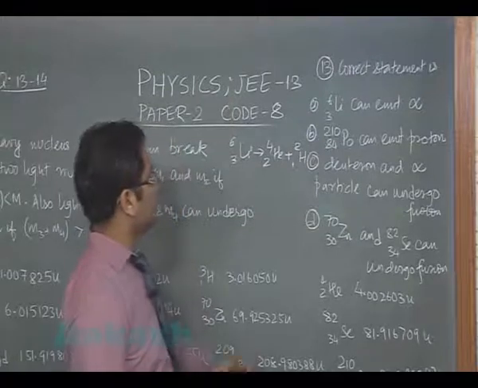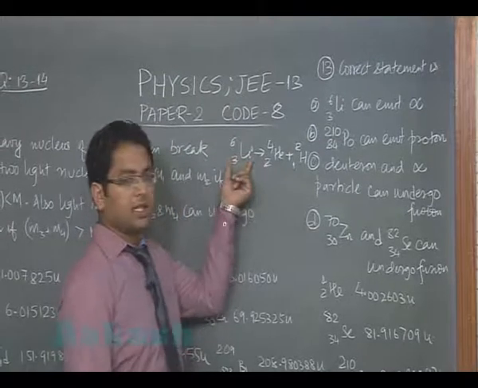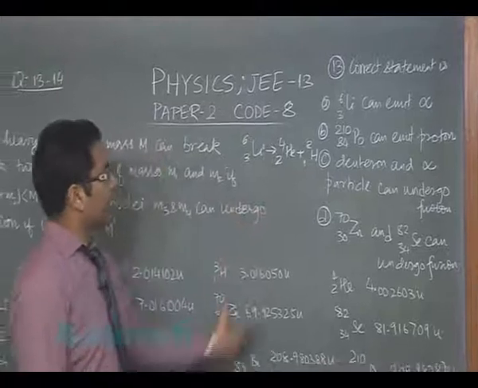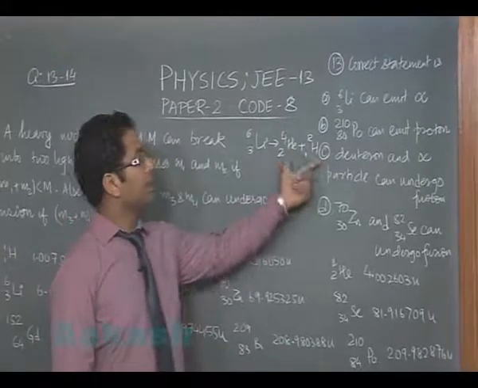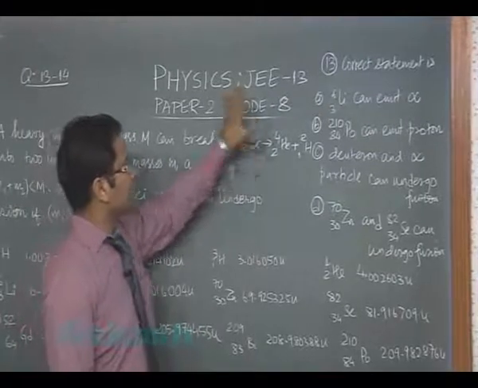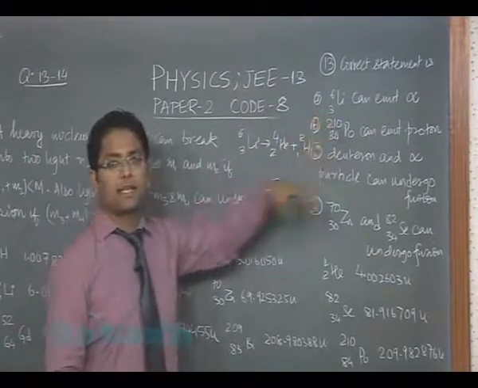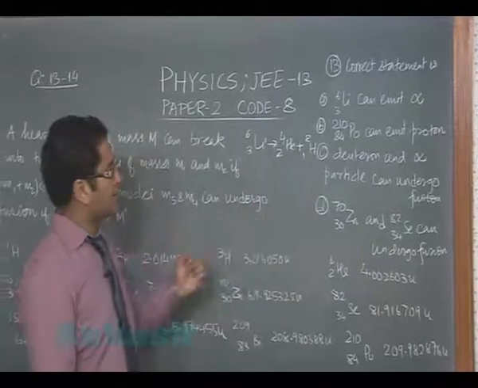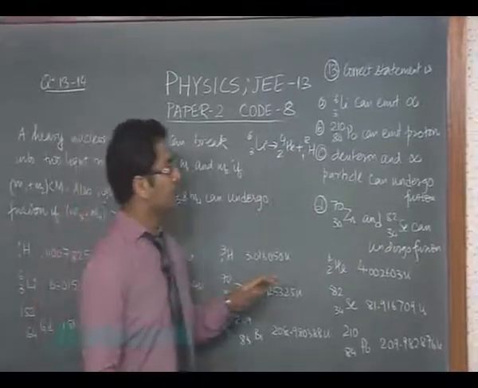In that situation, if we calculate the initial mass and if we calculate the final mass, in case of lithium you will find that the initial mass is less than final mass, indicating that the process is not feasible.